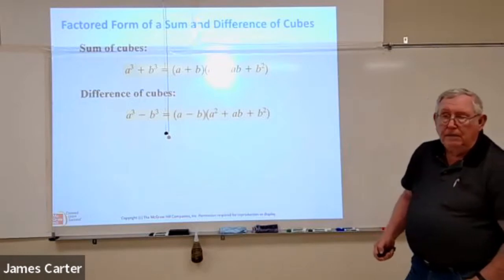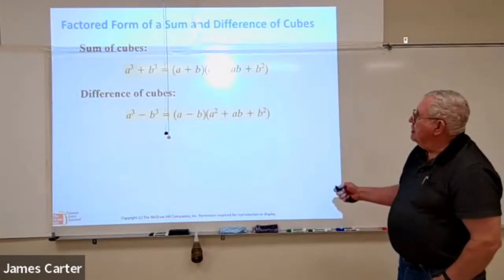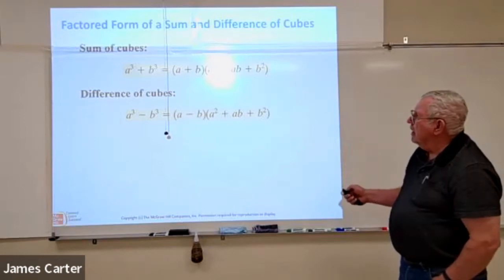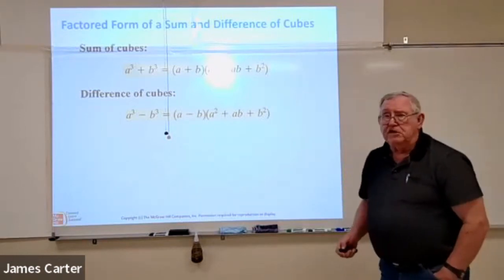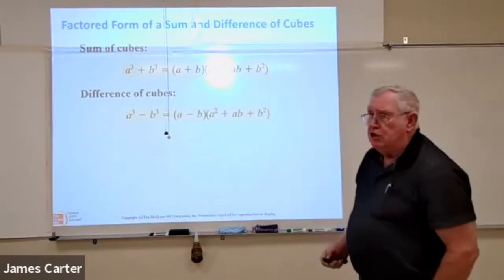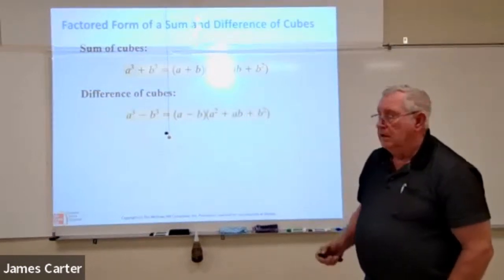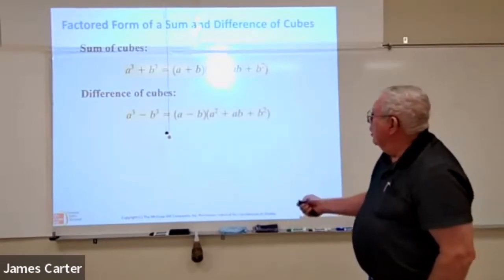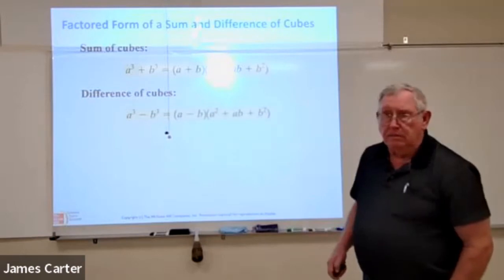Okay? Now, there's something different about this. See this piece right here? It looks kind of like our perfect squares term, except it's missing the 2 in both cases. This thing will not factor.